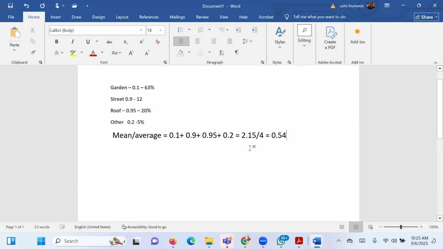But if you're using the mean weighted average, watch me now. The mean weighted average will tell you it's going to be 0.1 times 63 plus 0.9 times 12 plus 0.95 times 20 plus 0.2 times 5.